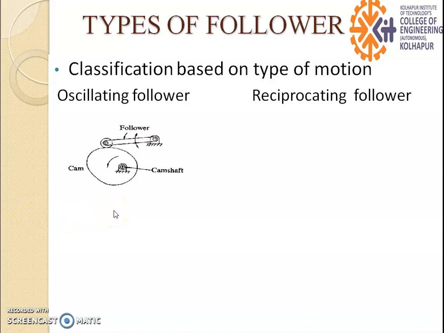If you look at this figure of the oscillating follower, the cam rotates and the follower oscillates about a suitable pivot on the frame. In the reciprocating follower, the cam rotates and the follower reciprocates or translates in the guides.